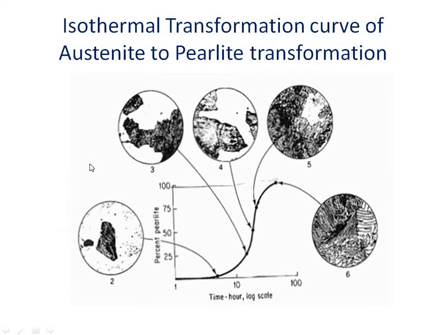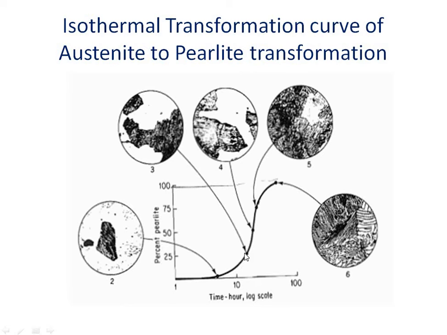Then the isothermal transformation curve of austenite to perlite transformation. After getting the points to plot the curve, after joining all the points, we will get the curve like this. This is the plot between austenite to perlite transformation and the time over log scale. So at this point we can observe that there is a 5% black area, that means 5% perlite.